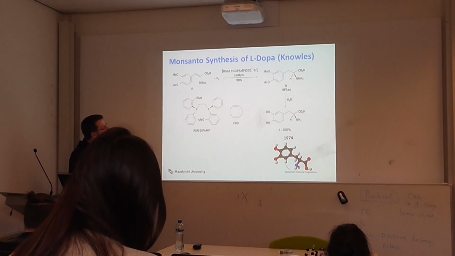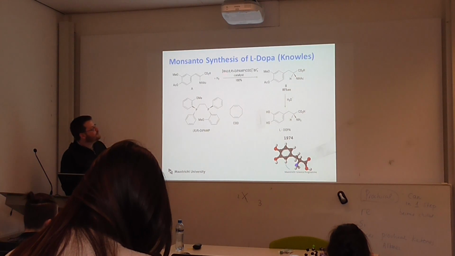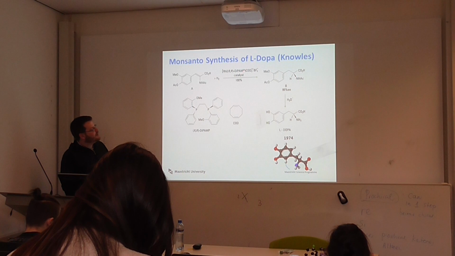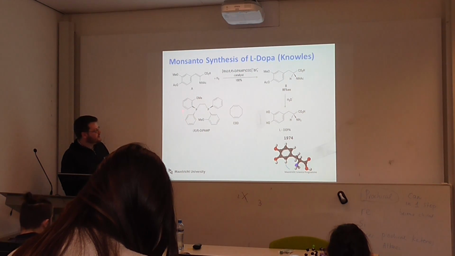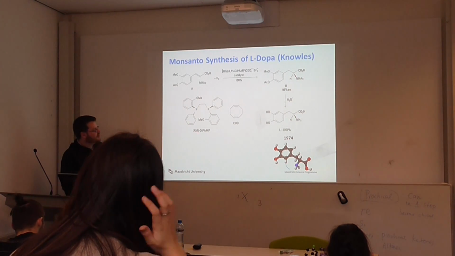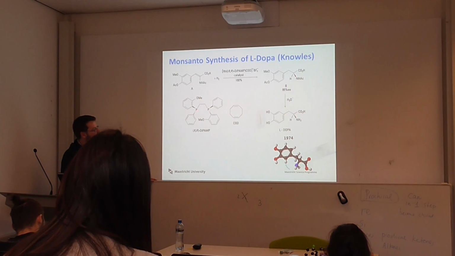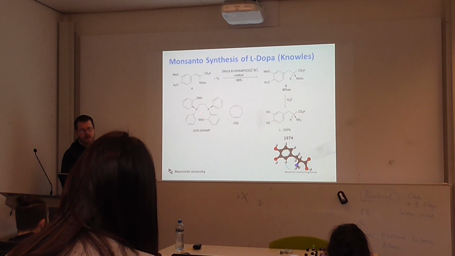The catalyst that he employed was a rhodium-I species, cyclooctadiene DIPAMP. DIPAMP is this ligand here that he used, and it has an RR configuration. So the phosphines, in both cases, are RR configured.